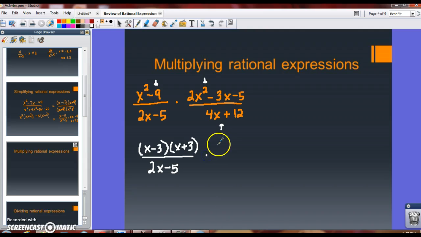And here I end up with 2x minus 5, x plus 1. And here I end up with 4 times x plus 3.